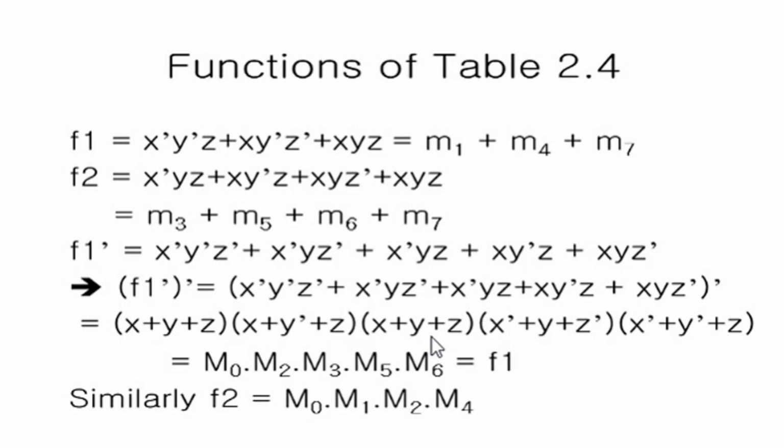So how to represent capital M0? To represent capital M0, you have to use x plus y plus z. Similarly, we have to do it for M2. M2 is x plus y bar plus z.